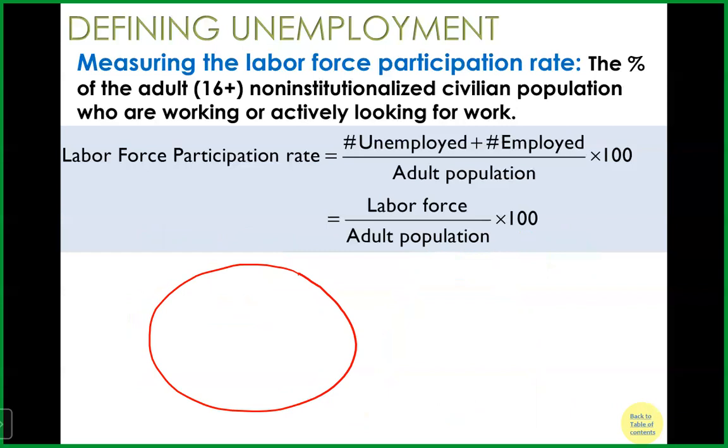So this is our adult population. Now our adult population, we are going to first characterize into two groups. Group number one is called labor force. Group number two is called not in labor force.